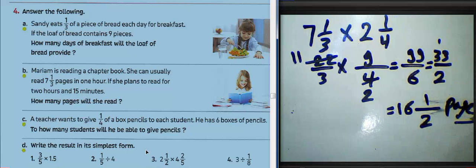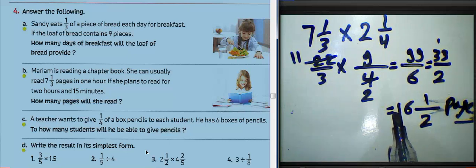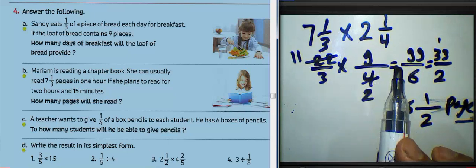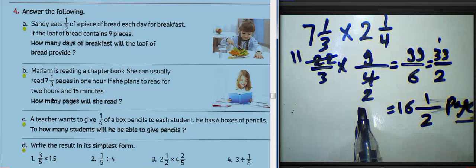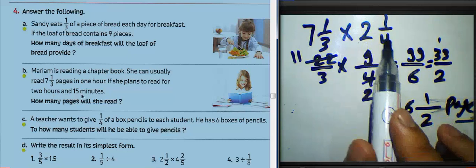Again, Mariam is reading a chapter book. She can usually read 7 1/3 pages in 1 hour. If she plans to read 2 hours and 15 minutes, it means 2 and 1/4.